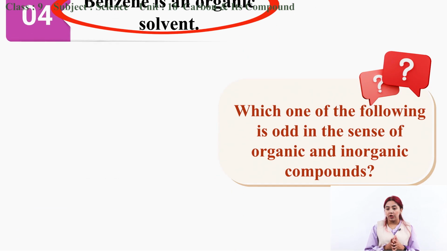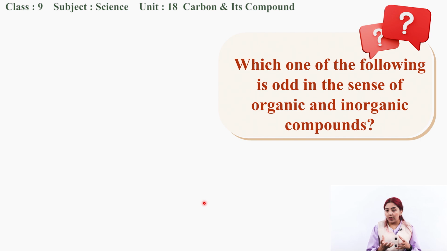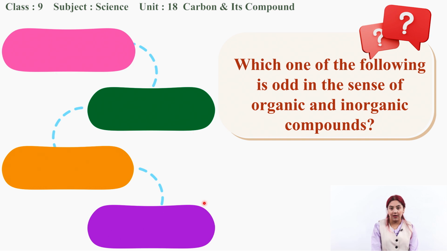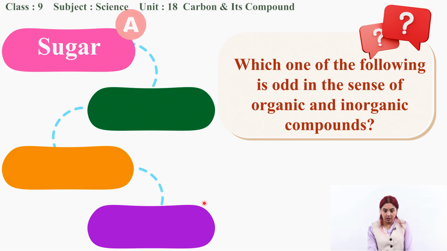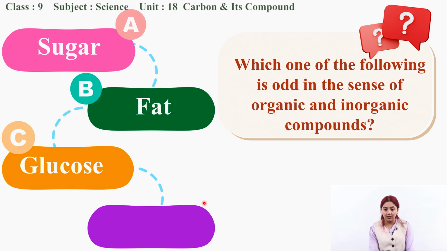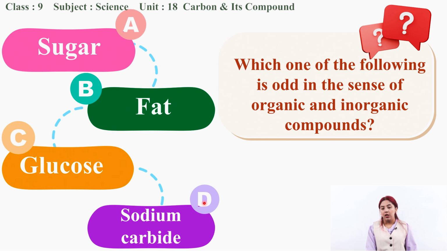Now, another question. Which one of the following is odd or the exception in the sense of both organic and inorganic compounds? I have four options for you: sugar, fat, glucose, and sodium carbide. Now, which of these is an exception in context to both organic and inorganic compounds?